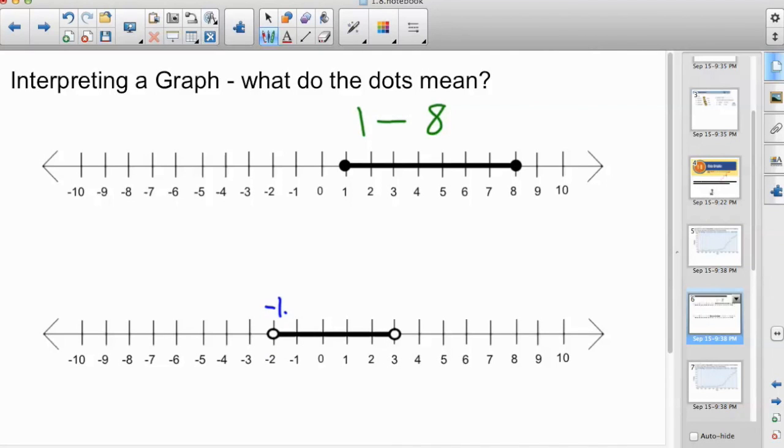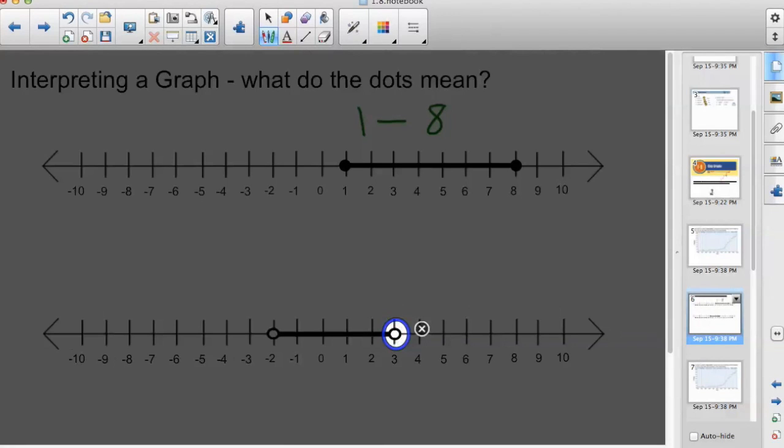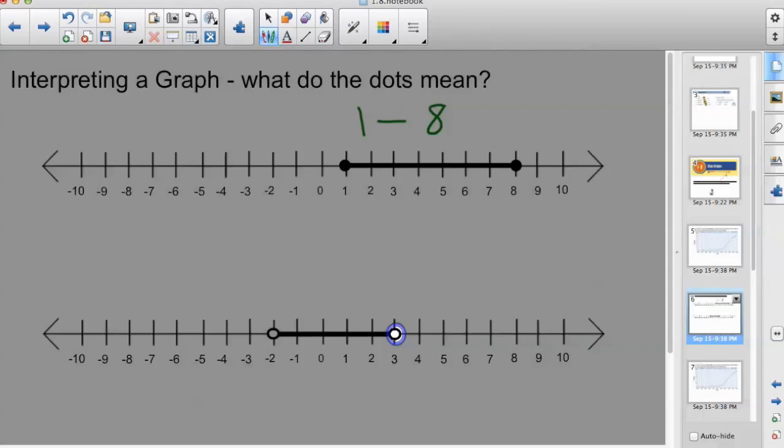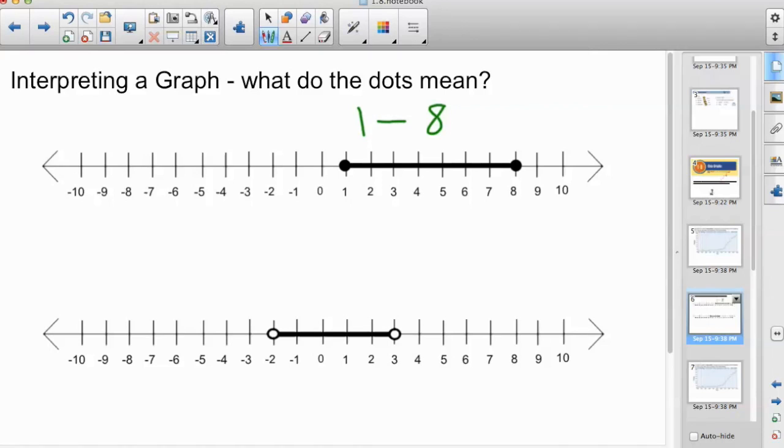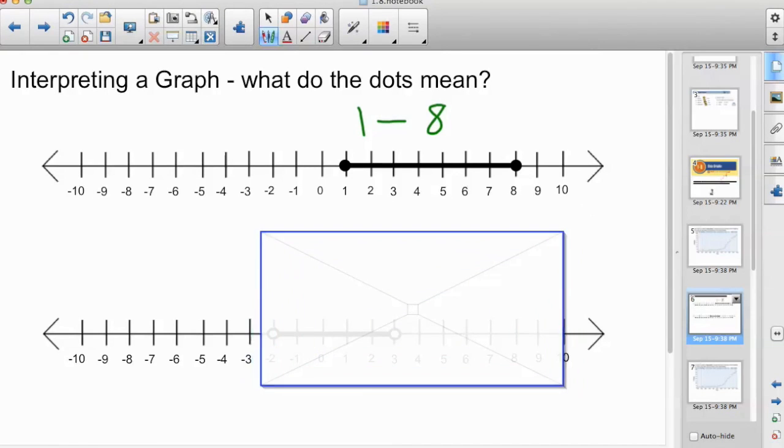So for instance, -1 and 99/100 is very close to -2, but it does not include it. Similarly, over here, we're saying we're looking at all of the values up to 3, but not including 3. So we might be looking at 3 and 9/10, right? 3 and 9/10.